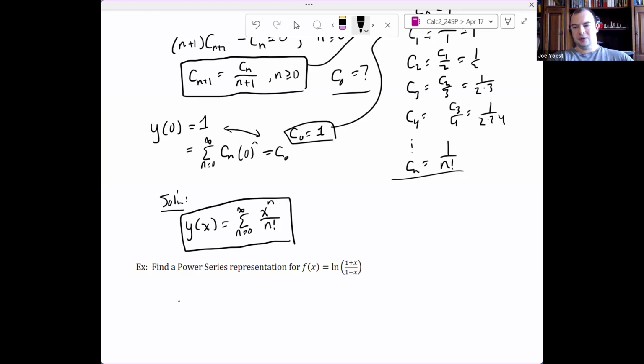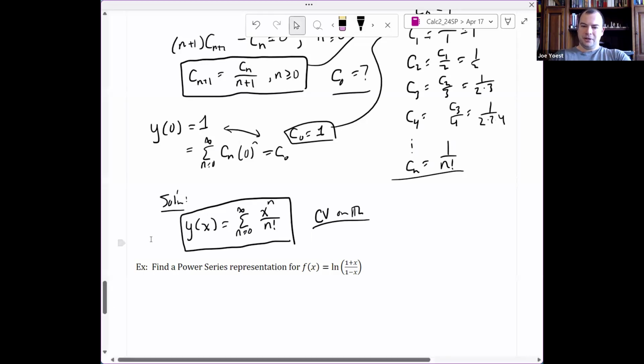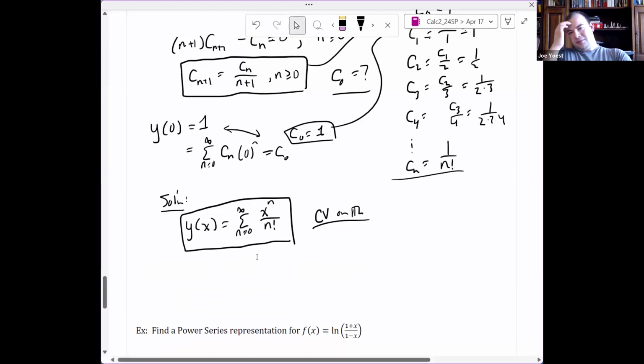We can do a ratio test on this and see that it converges on the whole real line. This n factorial on the bottom really drives all the terms to 0 very quickly, regardless of how big x is. The n factorial grows like n to the n, so it's always going to overwhelm the x to the n on top.